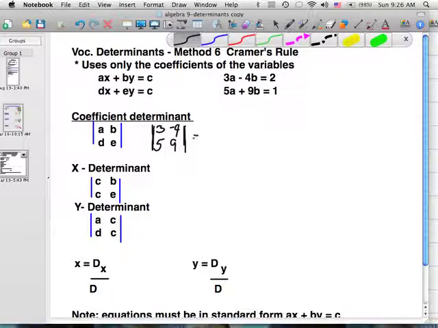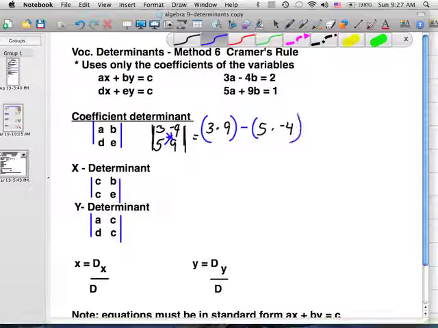We take 3 times 9, this multiplication first, minus the other diagonal, 5 times -4. And that gives us our determinant value. So this would be 27 minus the -20, which is 27 plus 20, which gives us 47.